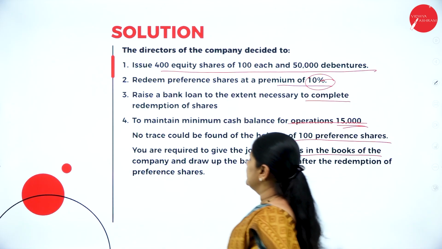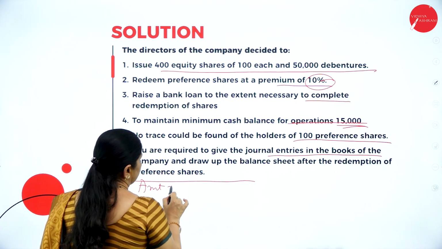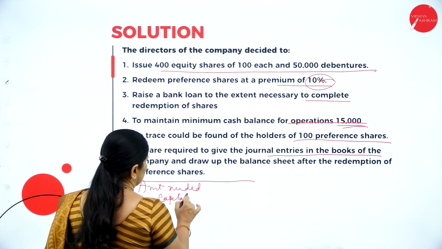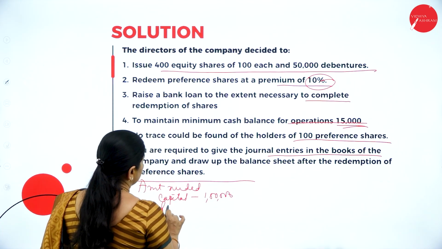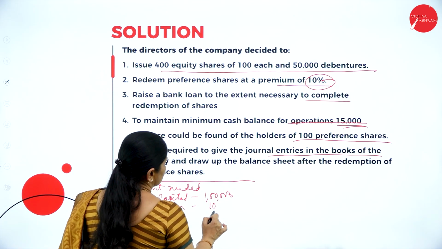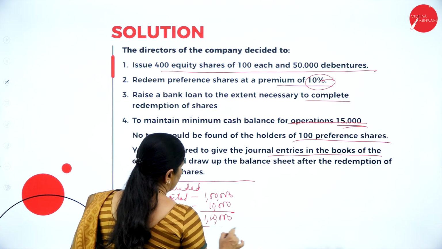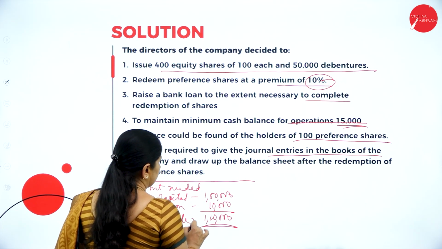So I will write here the amount needed. Capital is 1 lakh. Premium money is 10,000. Totally it is 1,10,000. This is the amount needed.